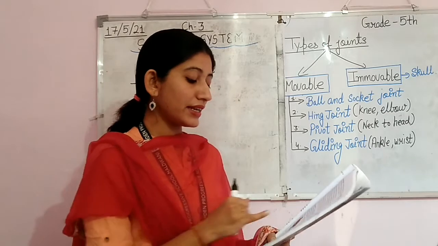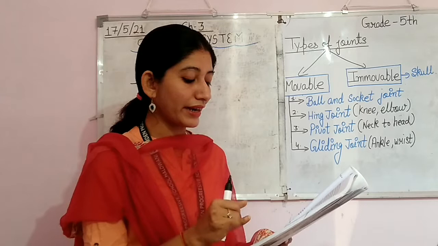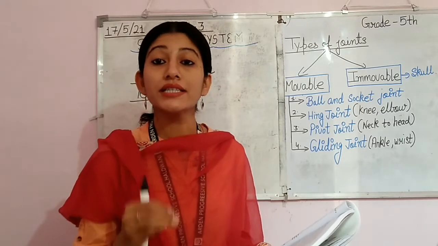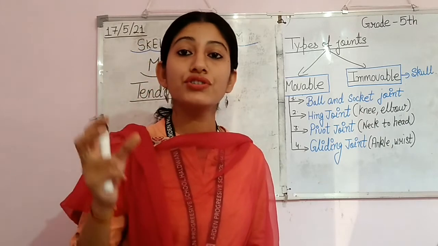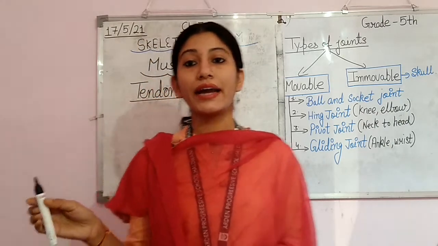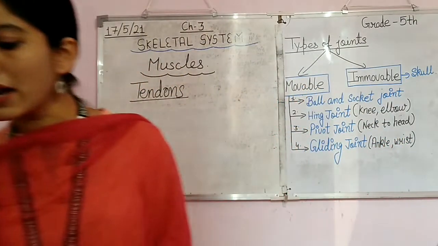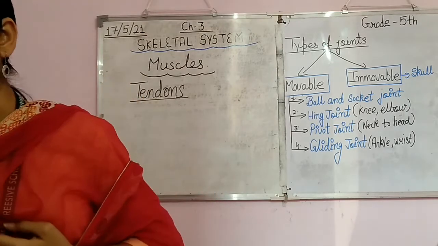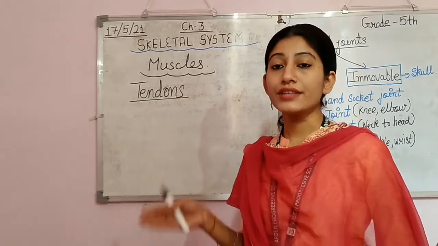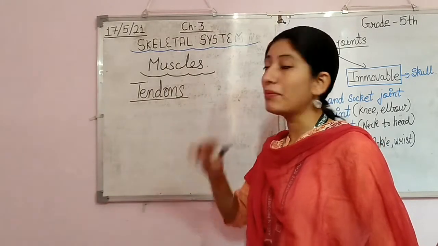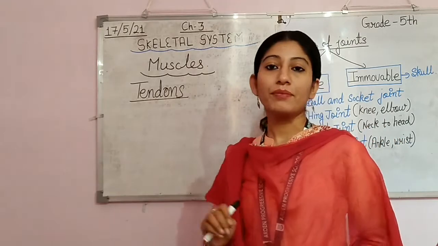So we can say that muscles are attached to the bones by strong fibers called tendons. And these tendons are also called tissues. The bones are attached to the muscles with the help of the fibrous tissue called tendons.